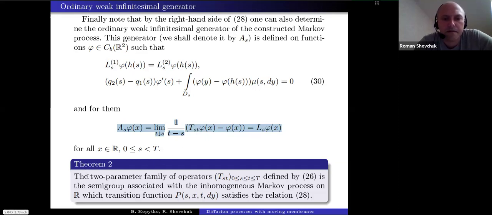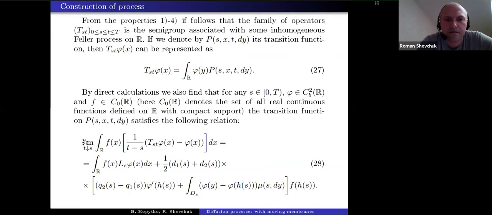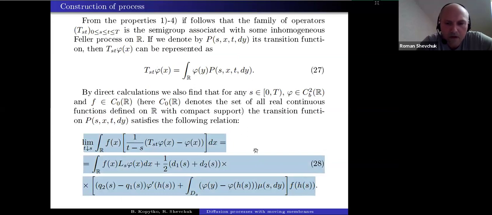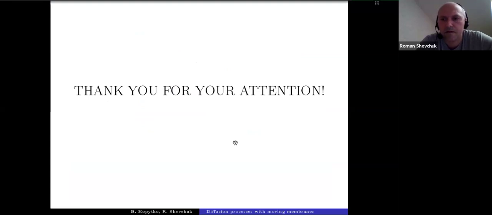The final theorem is that the two-parameter family of operators TST, defined by the corresponding equality as a solution of the corresponding parabolic conjugation problem, is a semigroup associated with the inhomogeneous Markov process on R, whose transition function P satisfies relation 28. I think it is the end. Thank you for your attention.